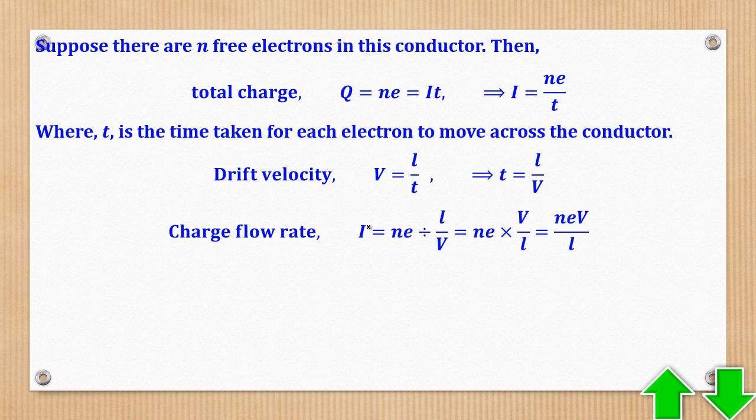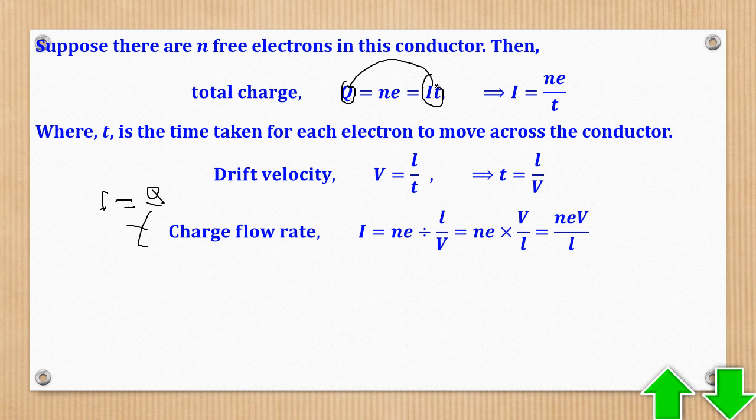So charge flow rate is the same as Q over t. Now Q over t is the same as I. If you look at this formula, do you see Q is equal to It?